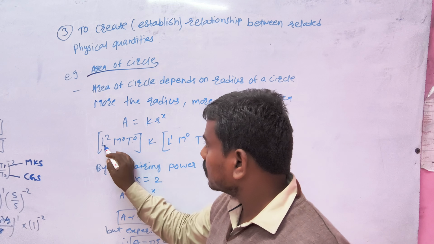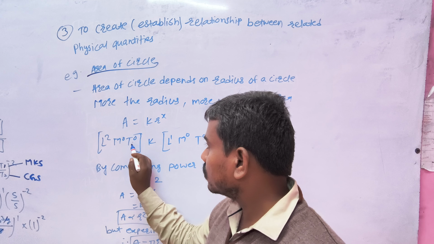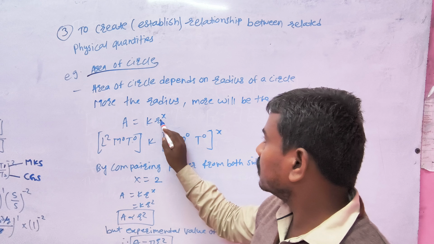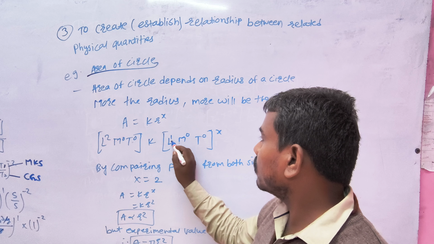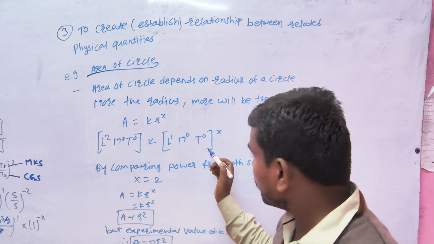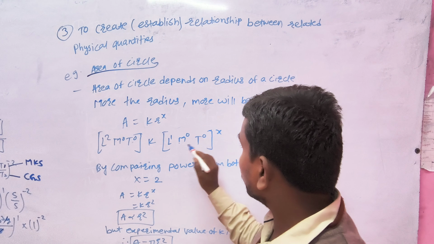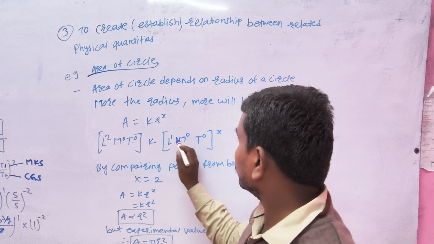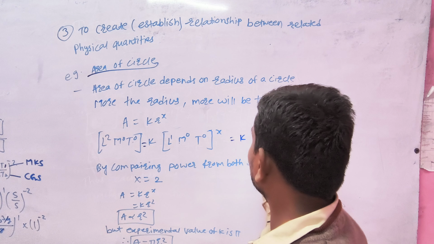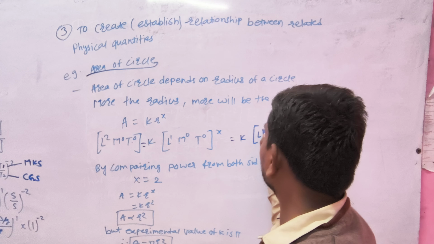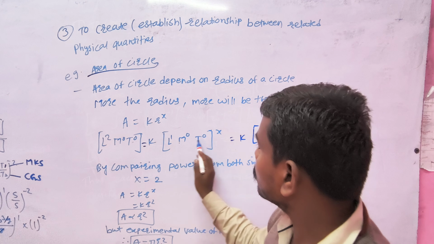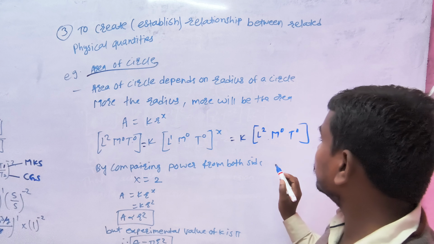So we know that area is L square T0 M0. K, then r is L1 M0 T0 raised to power x. We don't know x. By comparing these, if we take a simplification here, so k into bracket L2 M0 T0.